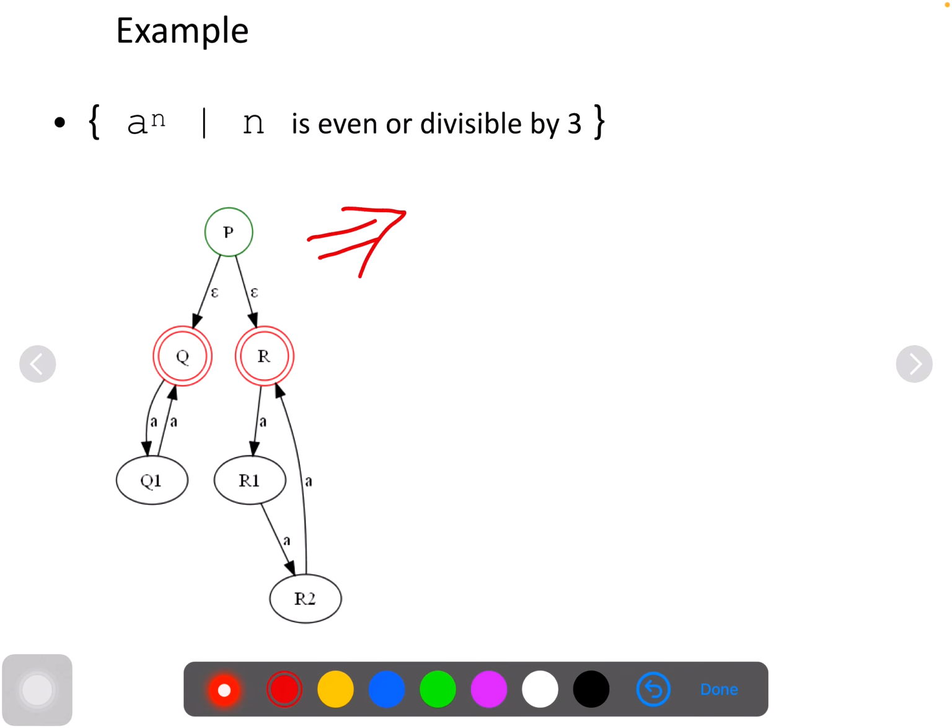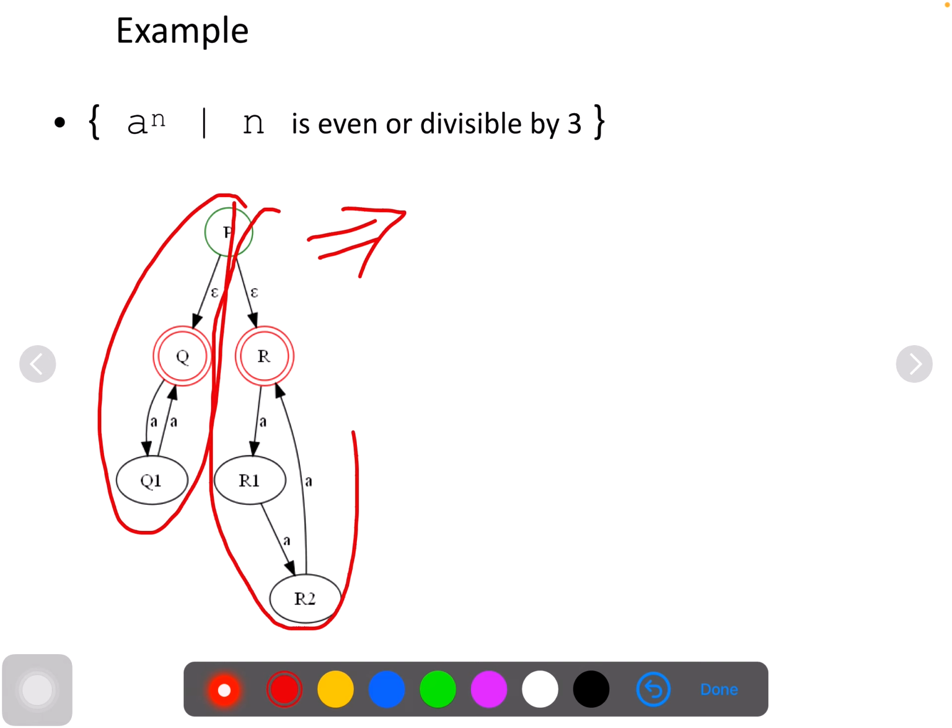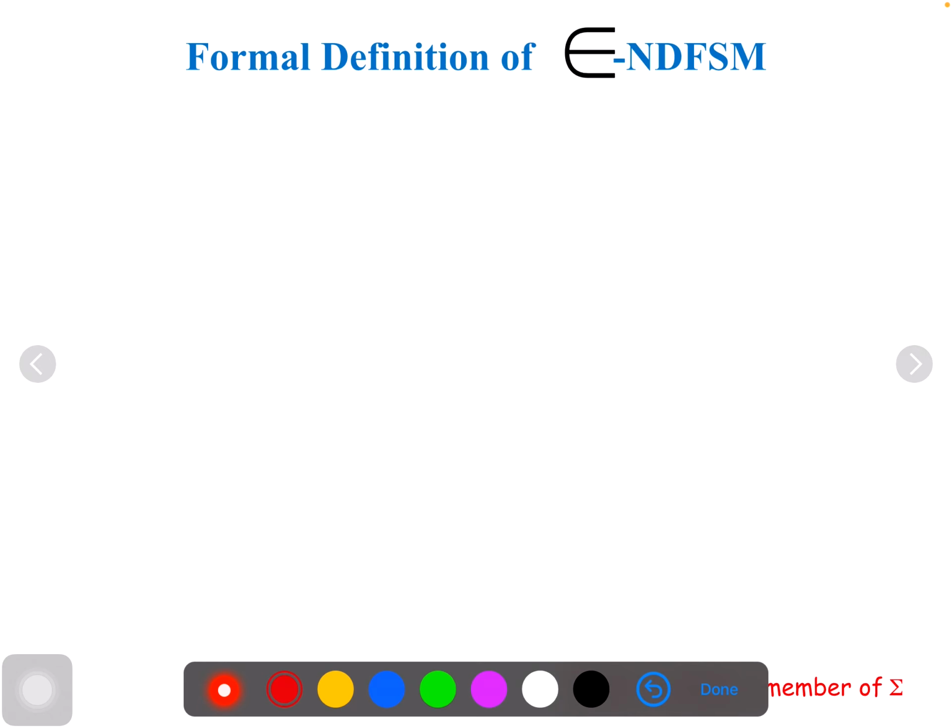The only thing I want to make clear here is that you can satisfy the two conditions. If n is even, it will go to this path, or if n is divisible by 3, it will go to this path. Both conditions can be satisfied while constructing an epsilon NFA.